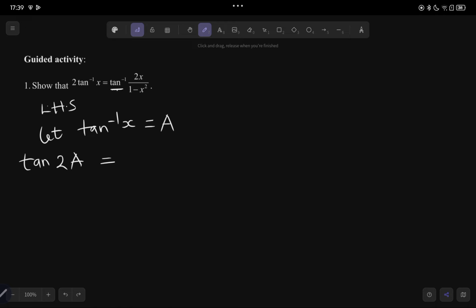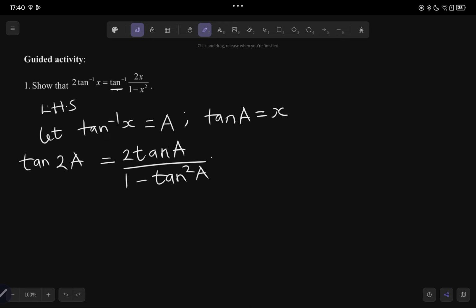So tan 2A, using a multiple angle knowledge, becomes 2 tan A over 1 minus tan squared A. But now, if we let tan inverse of x to be A, then tan A is equal to x. So wherever we have tan A here, we shall put x.